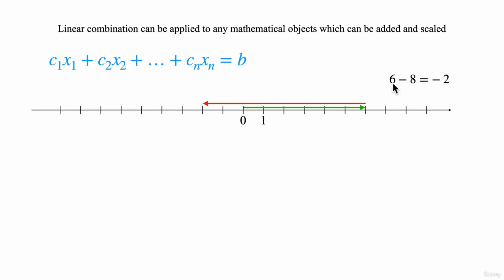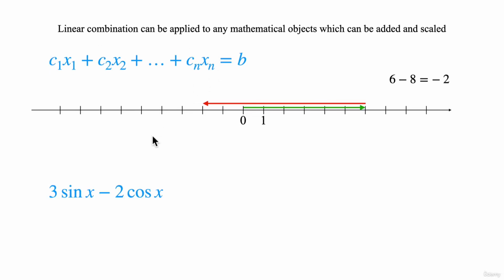And for vector minus 8, if you have to subtract 8 from 6, you just put the starting point of the new vector where the first vector ended, and then you go 8 steps to the left, and you arrive at minus 2. So this is just another way of looking at subtraction and addition of integers. It's maybe easier to understand if you look at vectors. So this is a linear combination of numbers also, right?